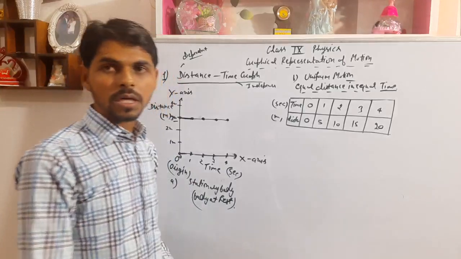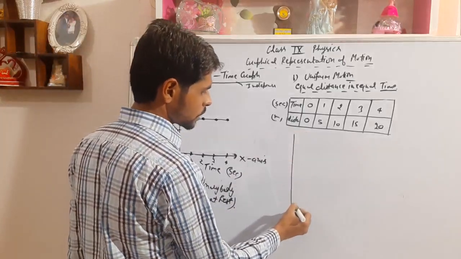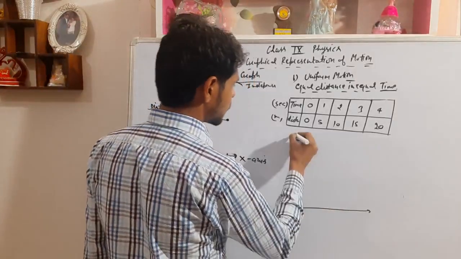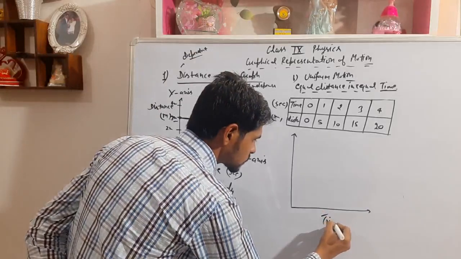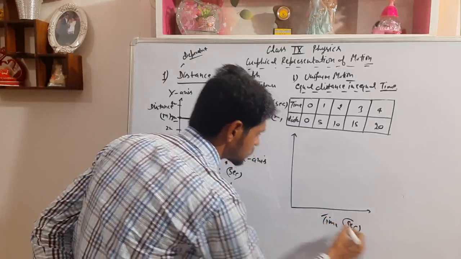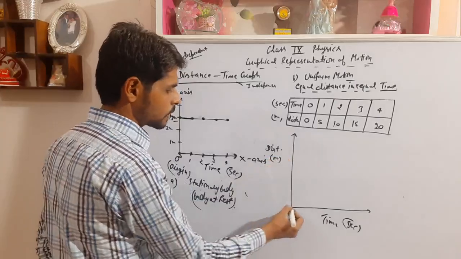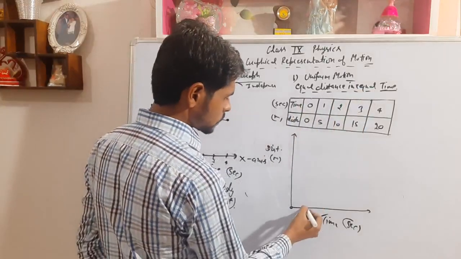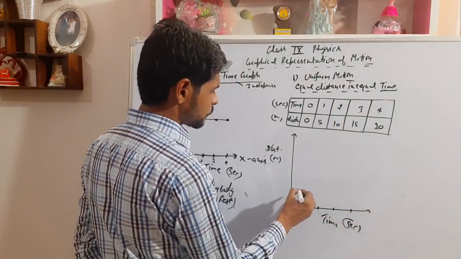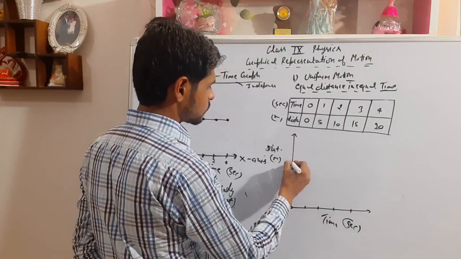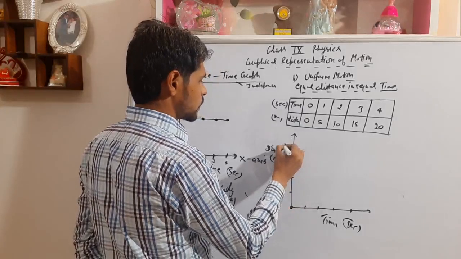Okay. So how will the graph of this look? Again we are taking the x axis and y axis. On the x axis we are representing time in seconds, on the y axis we are representing distance in meters. Time is 0, 1, 2, 3, 4. Distance is 5, 10, 15 and 20 meters.